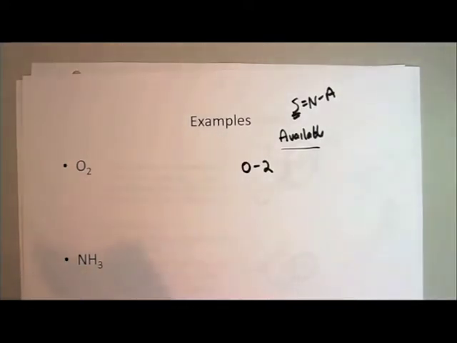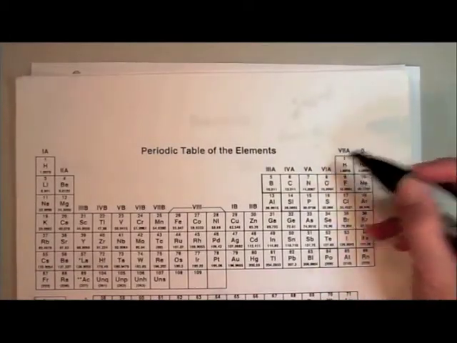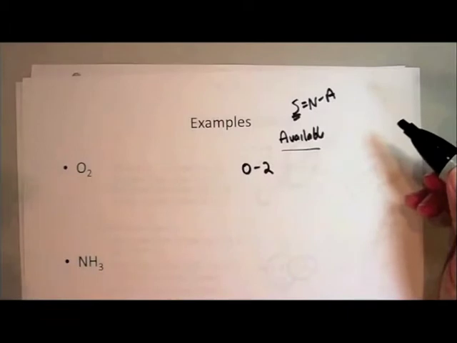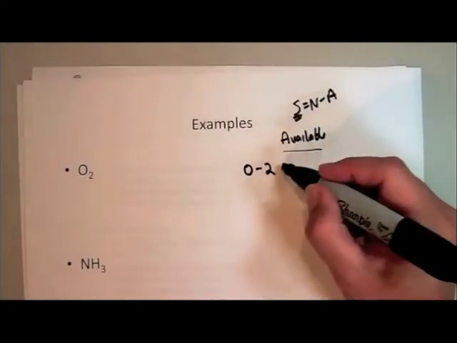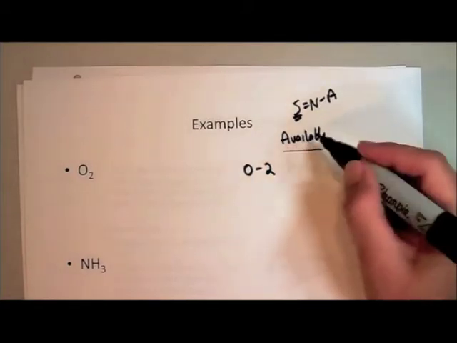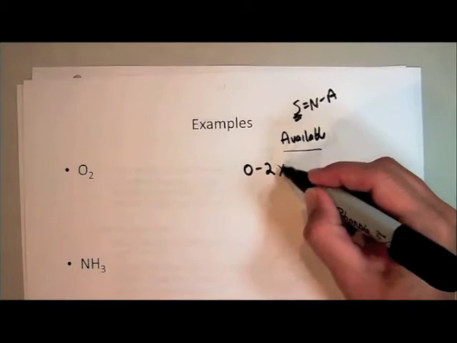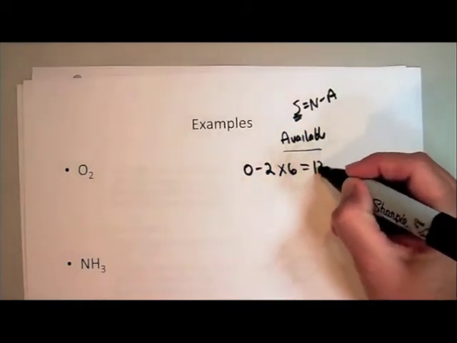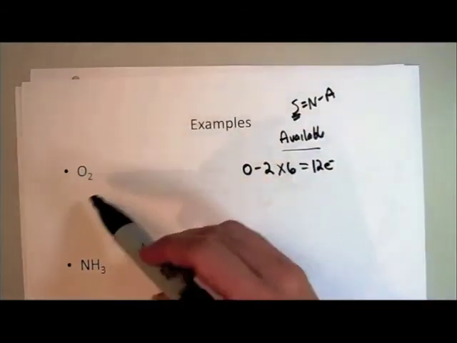Here's an old periodic table, I'll just throw this up here. Oxygen is in group 6, so that means it has 6 valence electrons. So since bonding is all about shuffling electrons around in the valence shell, I know that oxygen has 6. So for the available electrons, I have 2 oxygens, each oxygen has 6, so that's 2 times 6. That's 12 electrons available to work with to pull together this molecule.